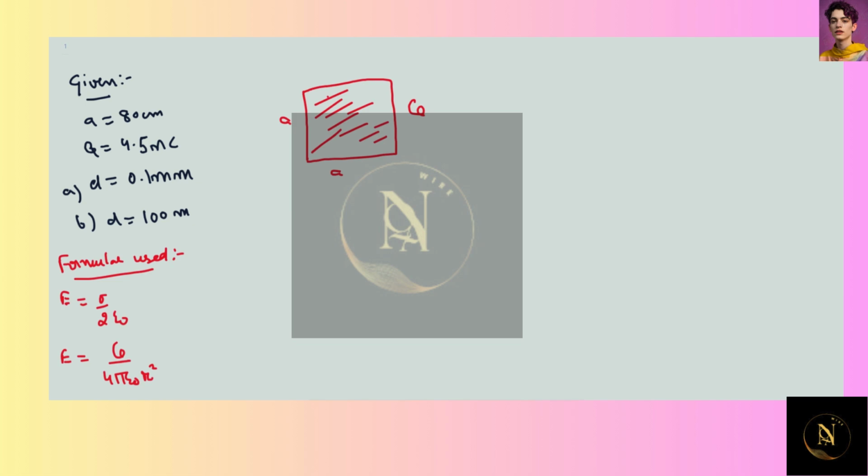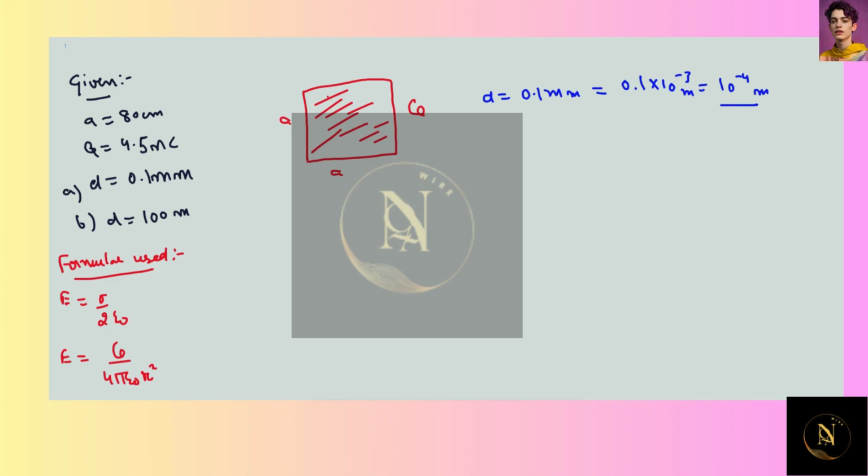First we need to find out the electric field at distance d equals 0.1 millimeter and at distance 100 meter. These ranges are very important here. First we have to understand that d equals 0.1 millimeter, which is 0.1 into 10 to the minus 3, or 10 to the minus 4 meter.